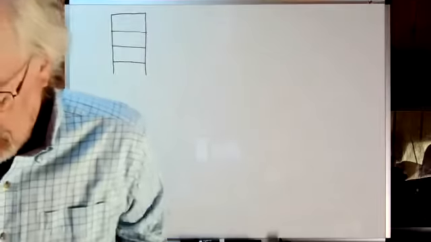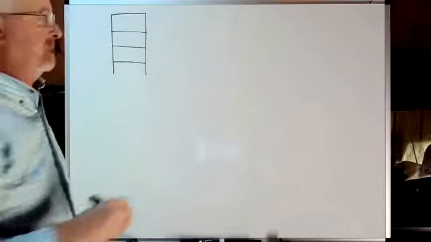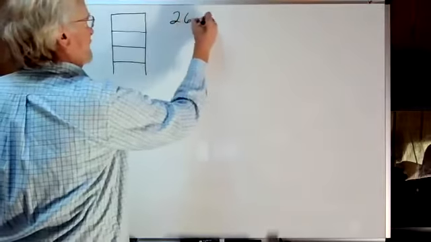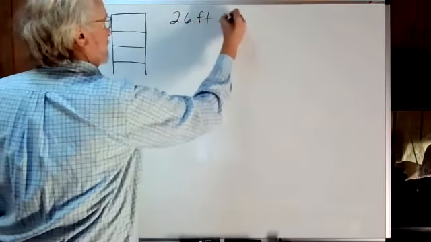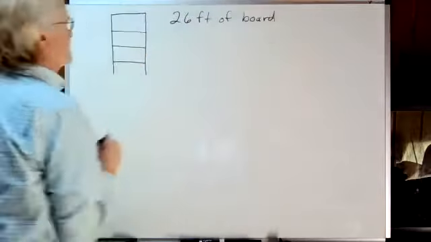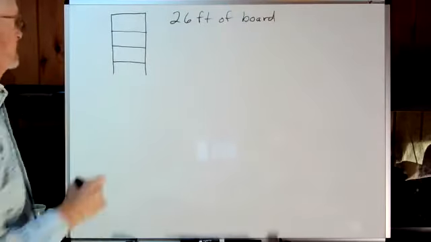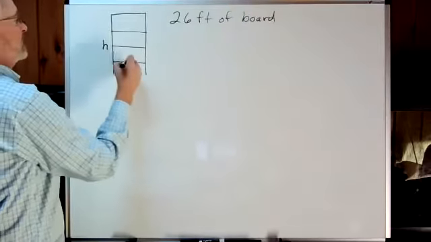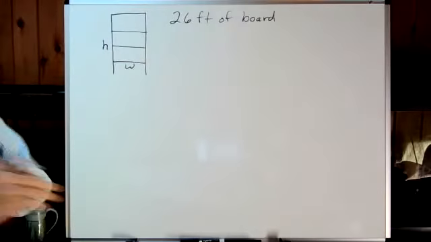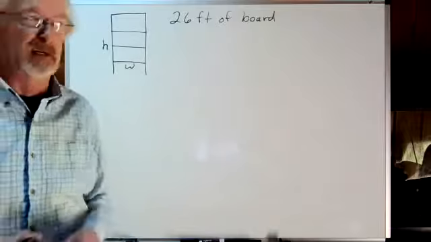My problem says a carpenter's going to build this shelf and going to use 26 feet of board, and then a relationship between width and height, right? Height and width. And just to begin with, before I finish that up, build your own little formula.